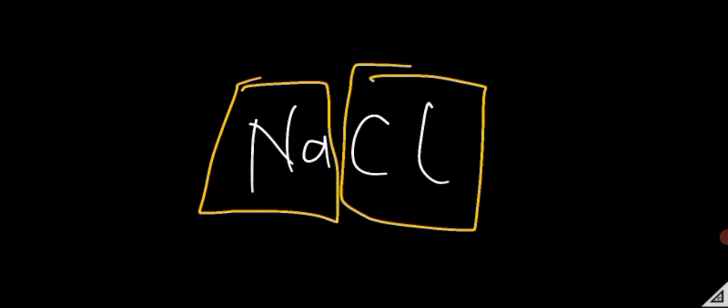Another example I can give is sulfuric acid, H2SO4. From this we can see that there are more than two elements here. We have hydrogen combining with sulfur, combining with oxygen to form a compound. From this case we now have a clearer picture of what a compound is.